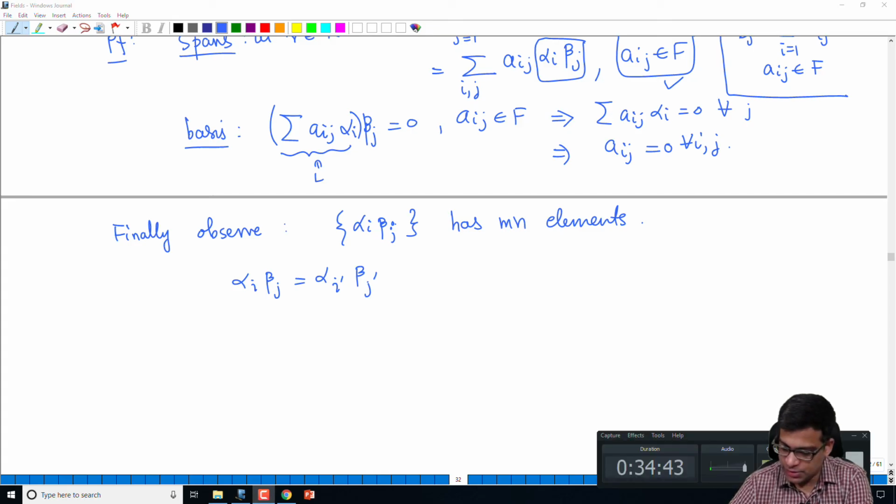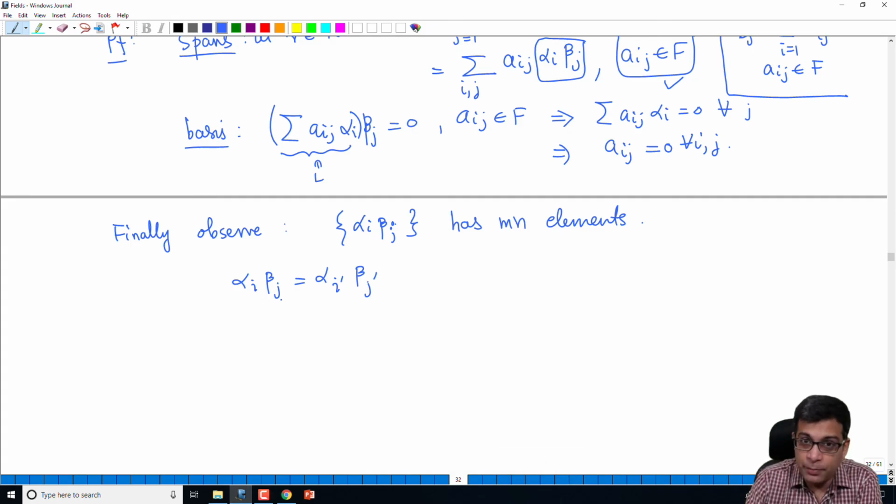so if alpha i beta j is equal to alpha i prime beta j prime, we rewrite this as alpha i beta j minus alpha i prime beta j prime.